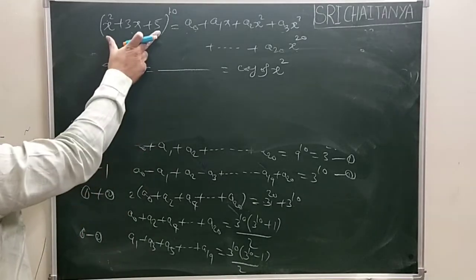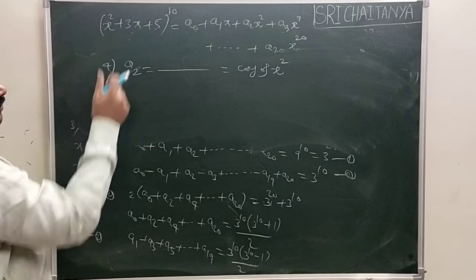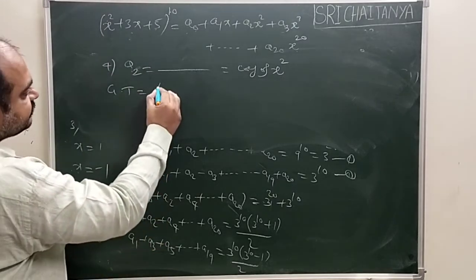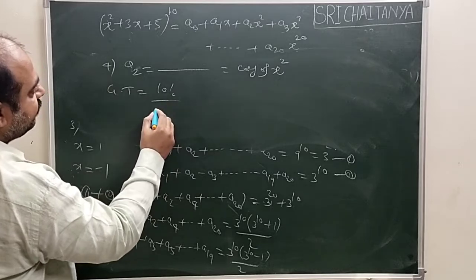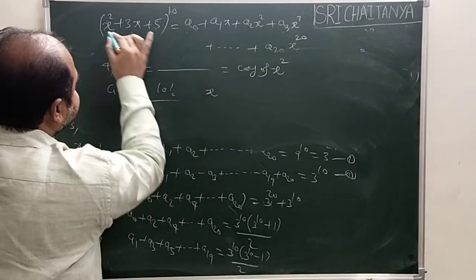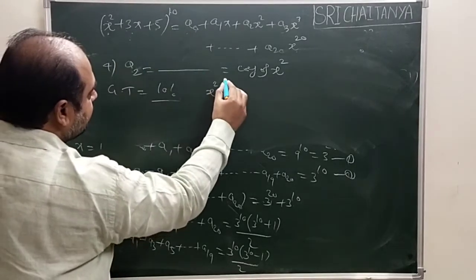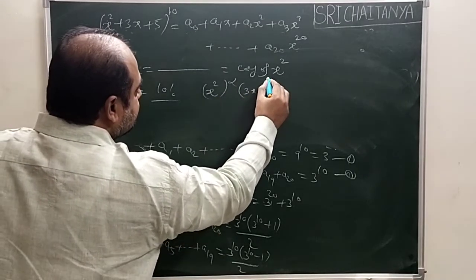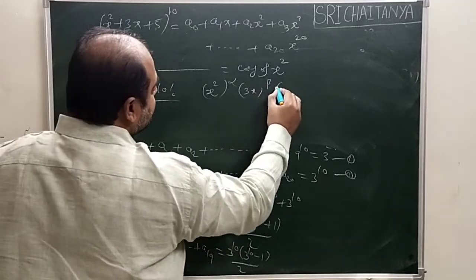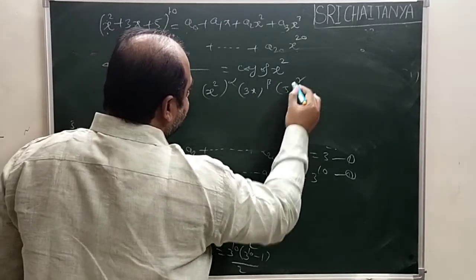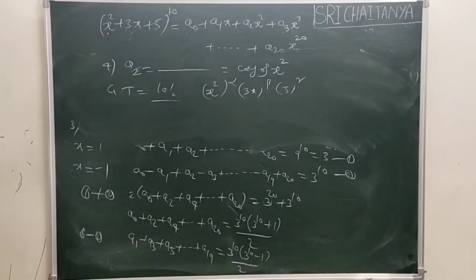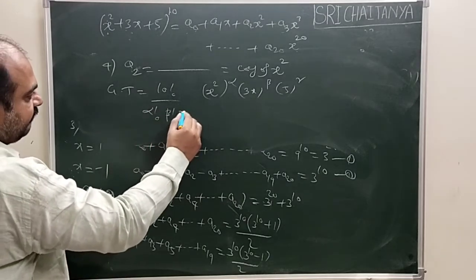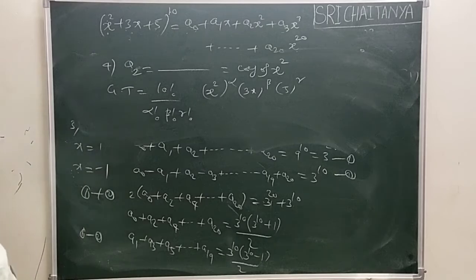This is a trinomial. How do we find the coefficient of x square? The general term is 10 factorial divided by alpha factorial, beta factorial, gamma factorial, with x square to the power alpha, 3x to the power beta, 5 to the power gamma.